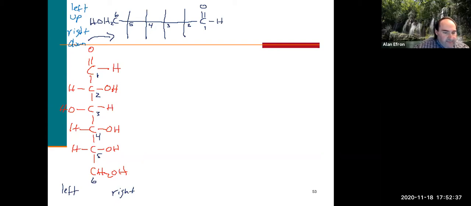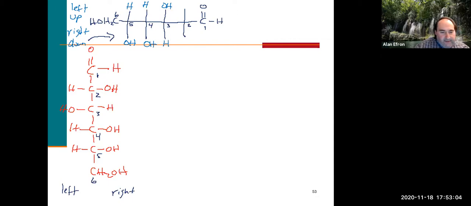So starting at carbon number 5, my OH is on the right, which means when I drop it on its side, it's going to be down, and the H would be on the other side. On carbon number 4, my OH is on the right, which means it will be down when I drop it on its side. And carbon number 3, my OH is actually on the left, which means it will end up on the upside there. Hydrogen will end up on the downside.